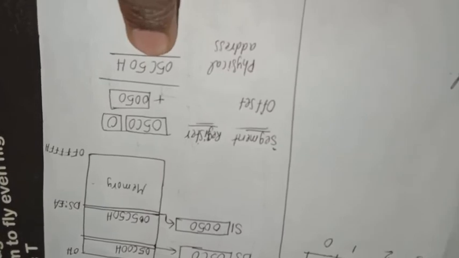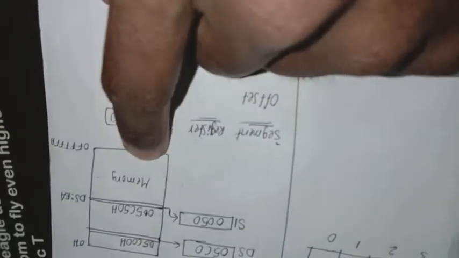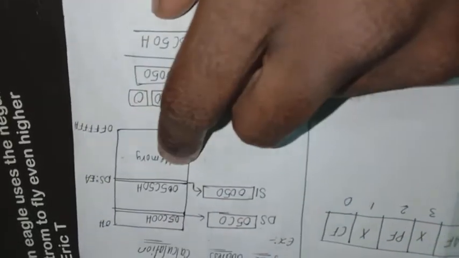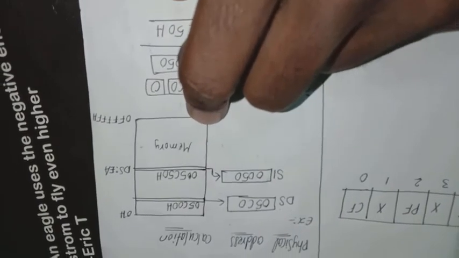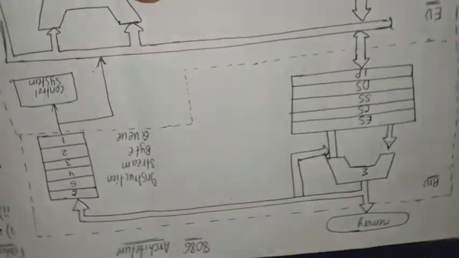And this is the physical address. It means we want the data from this address, and this is memory. As I said before, memory is located outside and we have to take the data from the memory. So this is the architecture of the 8086.